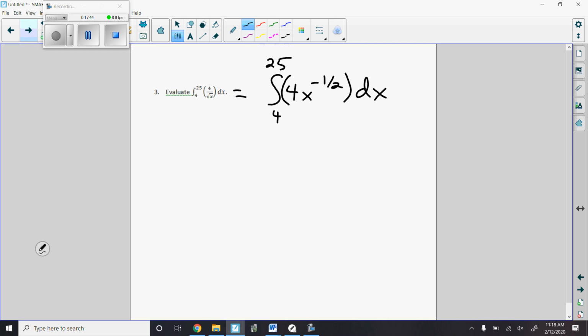Notice all I did was rewrite. I didn't actually do the antiderivative yet. That's why I still have my integral sign. Now I'm ready to do the antiderivative. So now I'm going to use brackets.